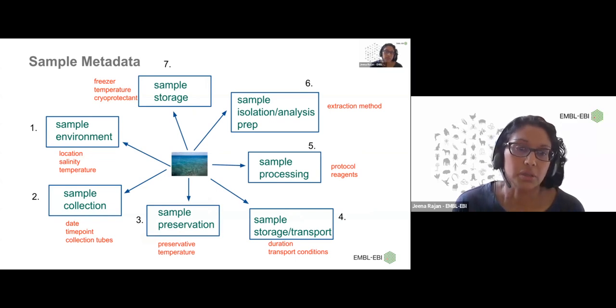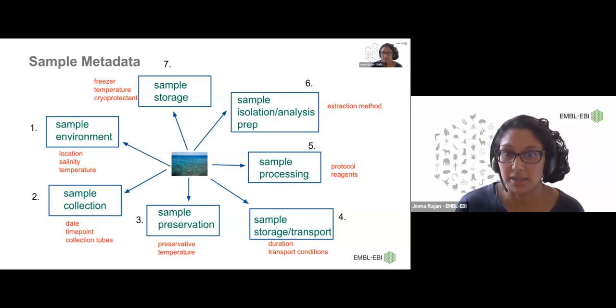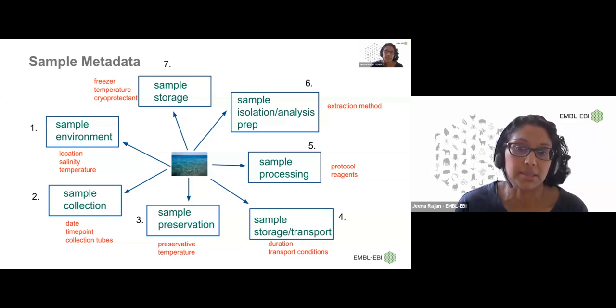So if you go right back and look at this in a more granular way, at the center here, we have a seawater. So we take this marine sample and think about the sample metadata that we may want to collect around it. We may want to collect metadata around the environment, the location where that sample was collected, the latitude, the longitude, the country, or the sea or ocean, the salinity of the water, the temperature of the water.